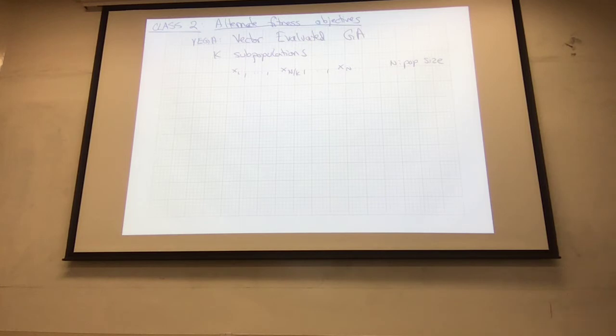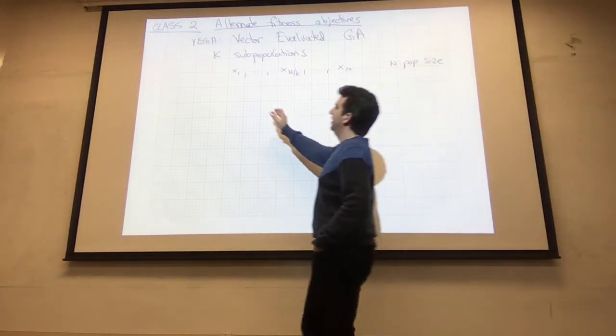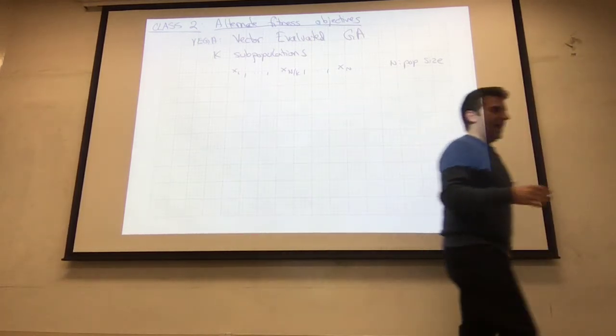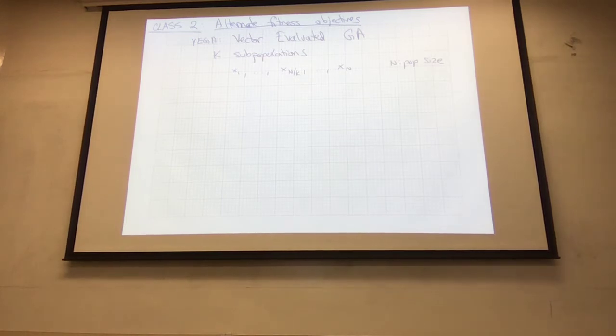And you will end up viewing these batches as subpopulations. This batch is going to have F1 applied to it. The next batch will have F2 applied to it. The next batch, F3, and so on, all the way down to Fk. Each of these populations is of size n over k.